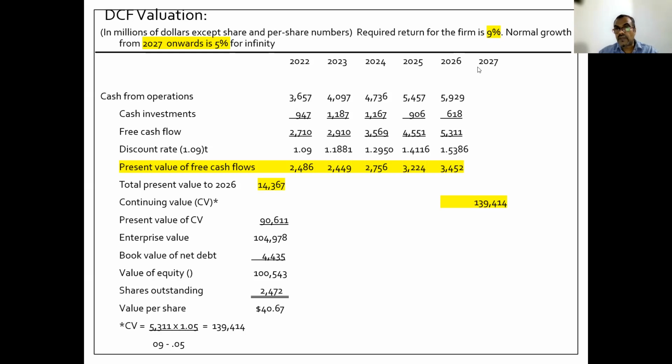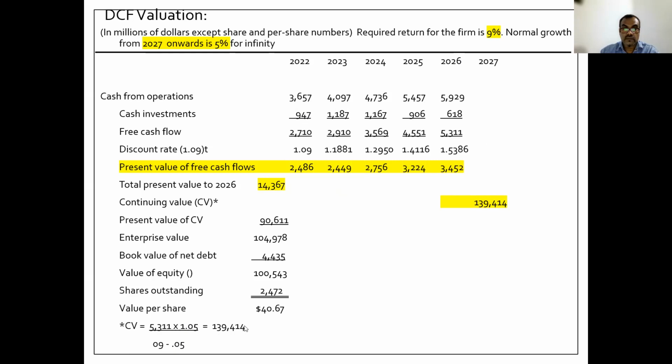So here the present value is as of the end of 2026. Here, the present value is as of now. For that, next year's cash flow is this much divided by R minus G. R is the required rate of return, minus G is the growth rate.